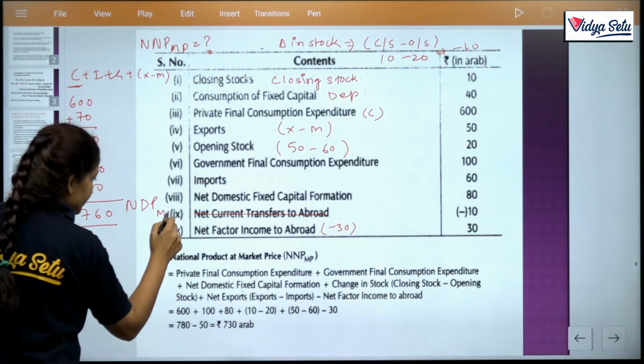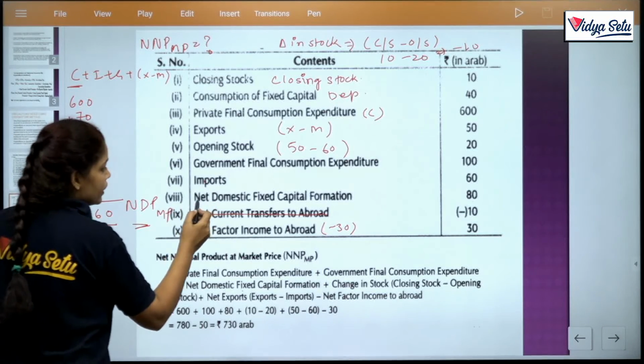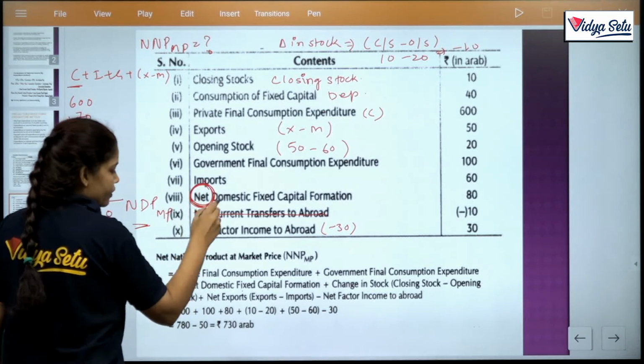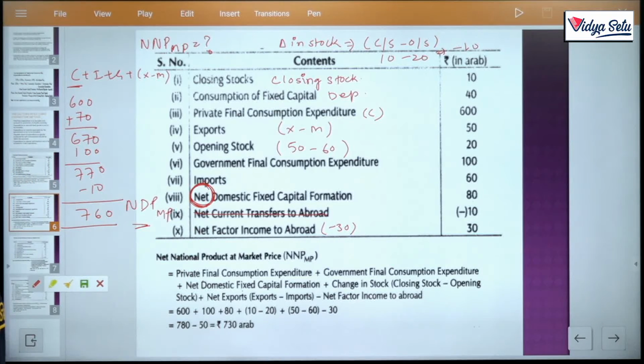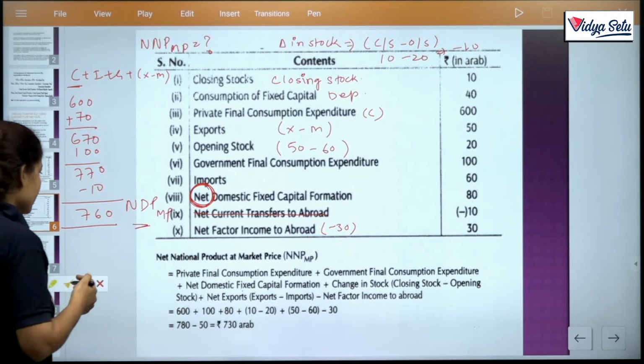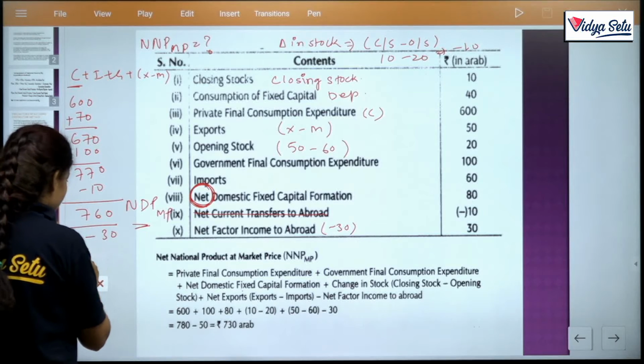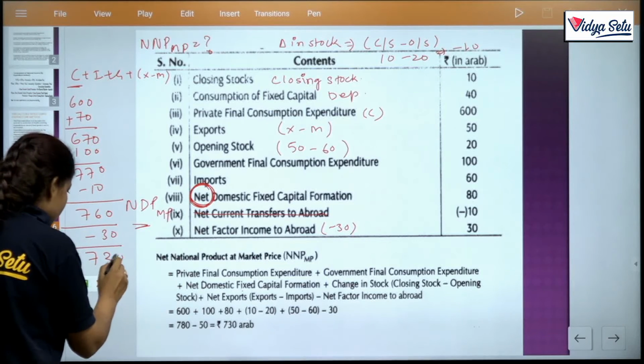Why are we on NDP MP? Because here the net word is given. If a gross word is given, then we receive GDP MP. But here we receive NDP MP. Now net factor income to abroad minus 30. The answer is 730.